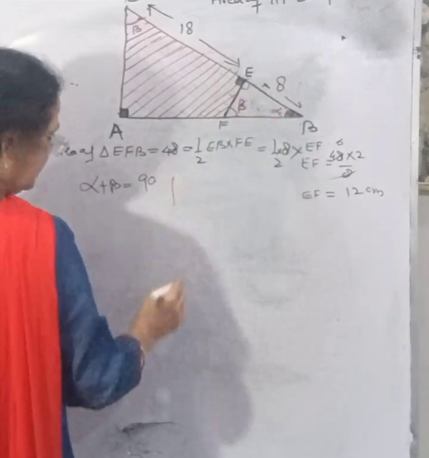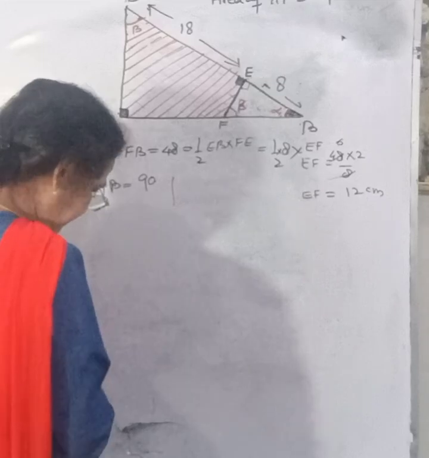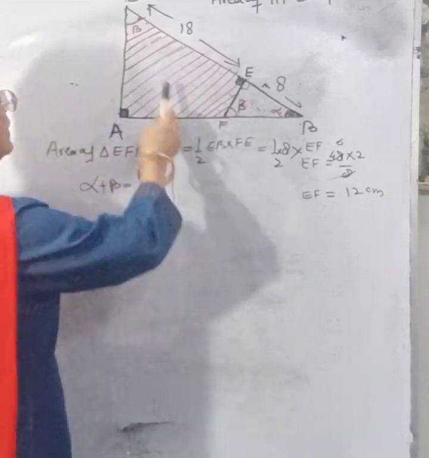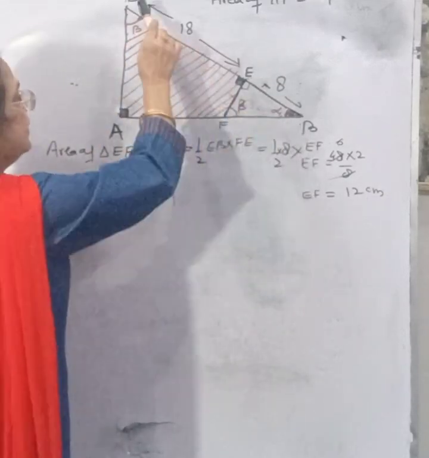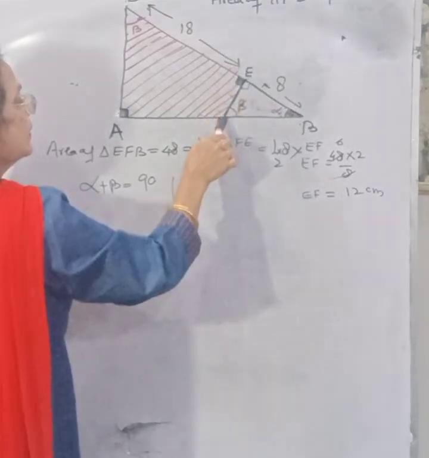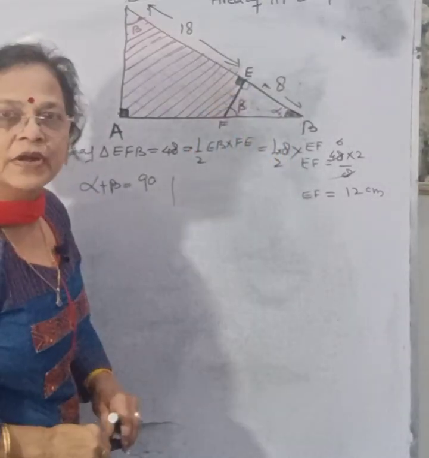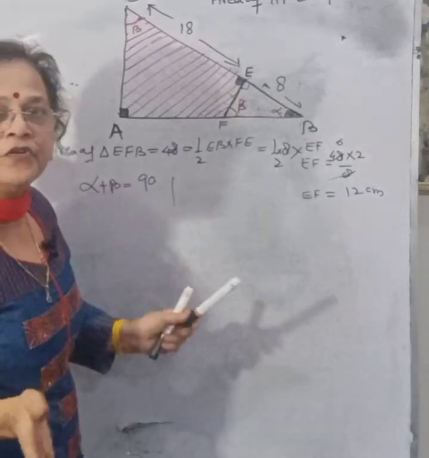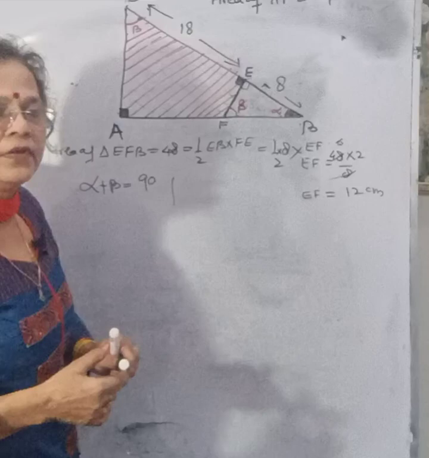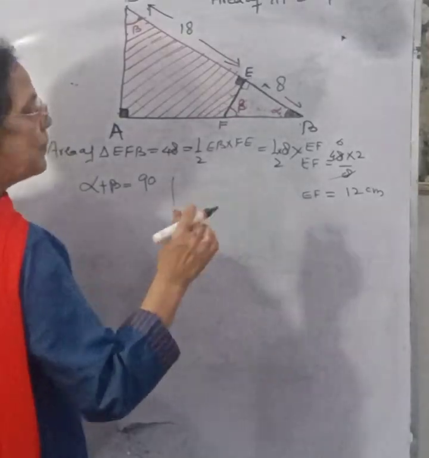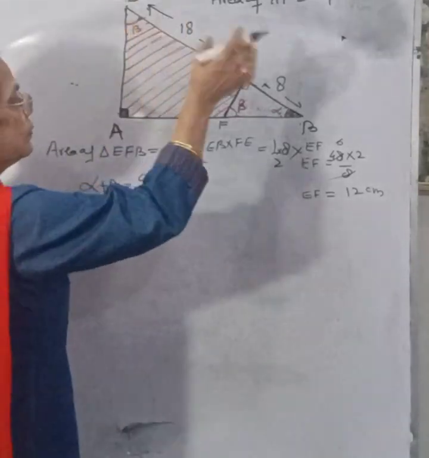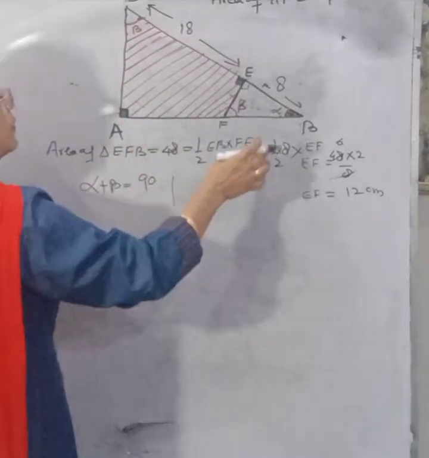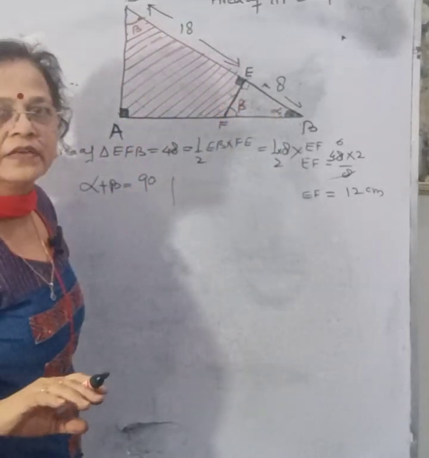For angle alpha, both triangles ABC and FEB are similar. They are having angle similarity, so that the ratio of their corresponding arms will be the same. So that we can say the perpendicular upon its perpendicular will be equal to the base upon its base will be equal to the hypotenuse upon the other triangle's hypotenuse.